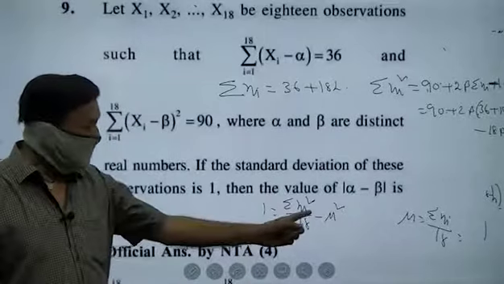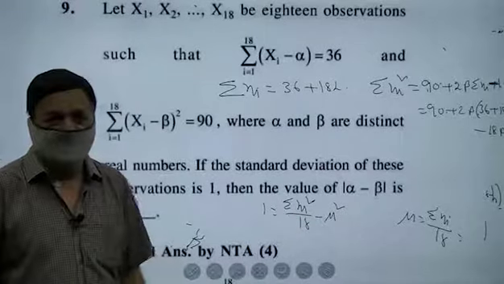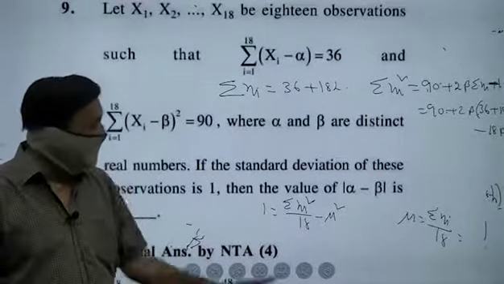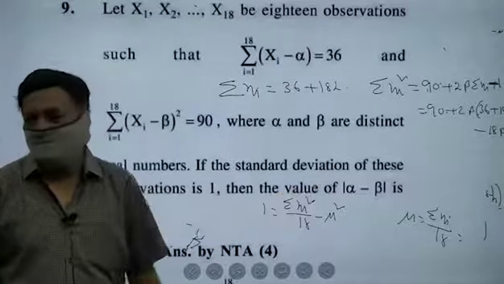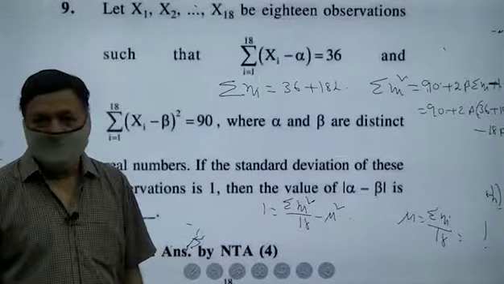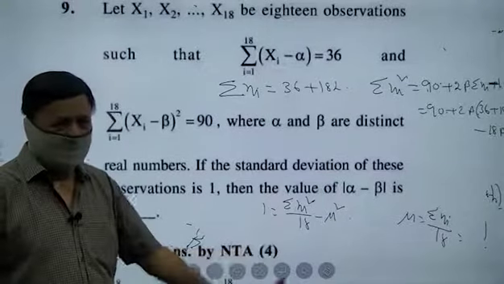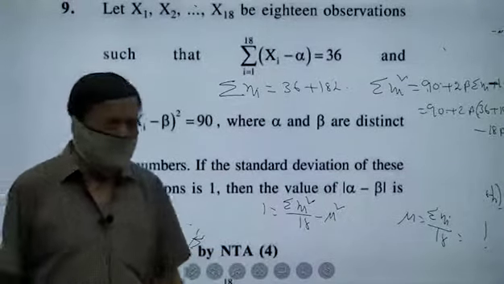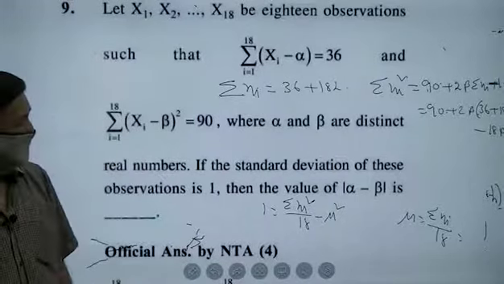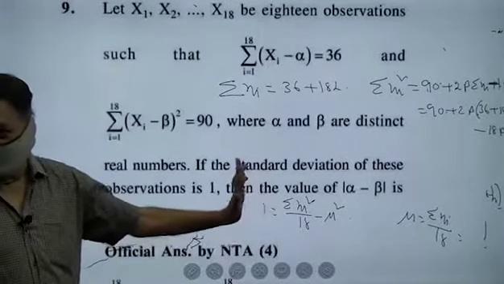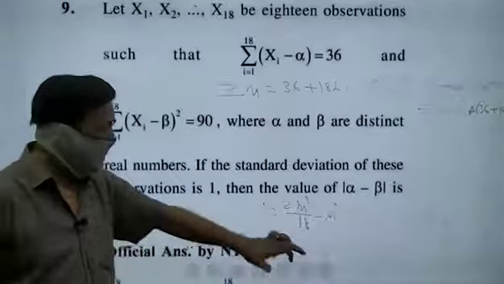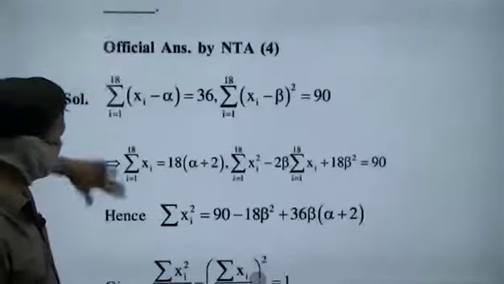So you substitute all these things. You will get a quadratic in alpha minus beta. Right? This is also a lengthy question. For your practice, it's good. In the examination, it takes time. So this is what you are supposed to do for this problem. Okay? Leisurely do it afterwards.